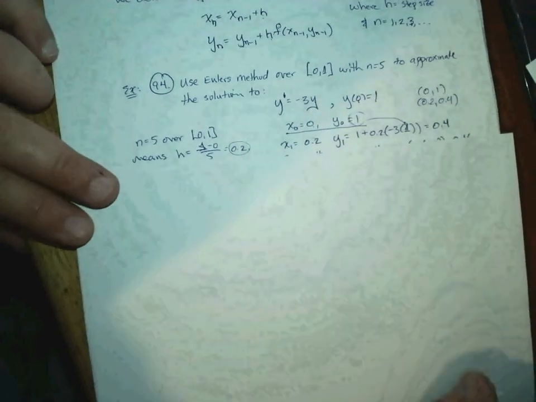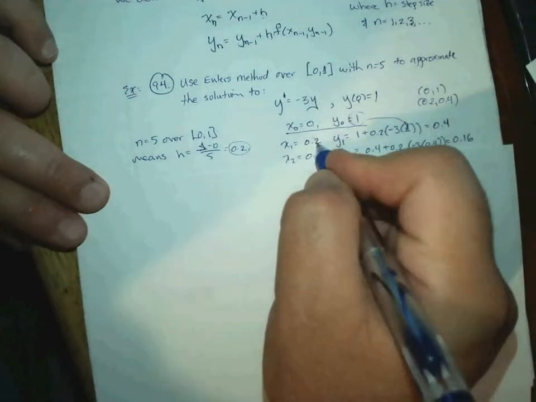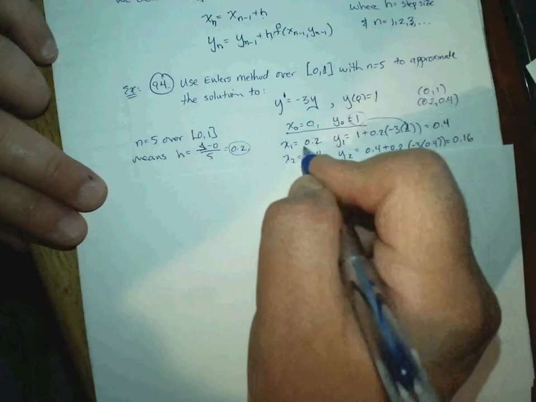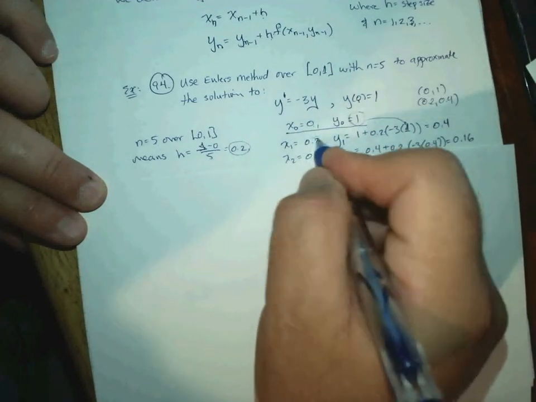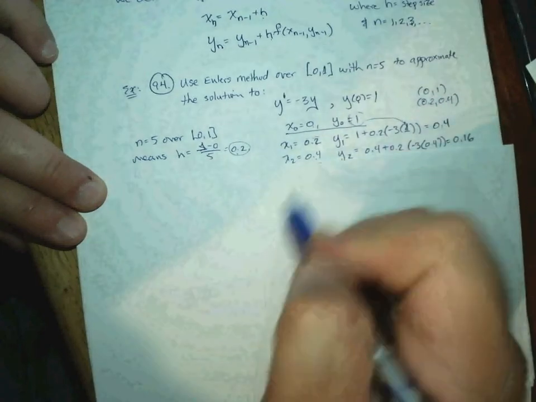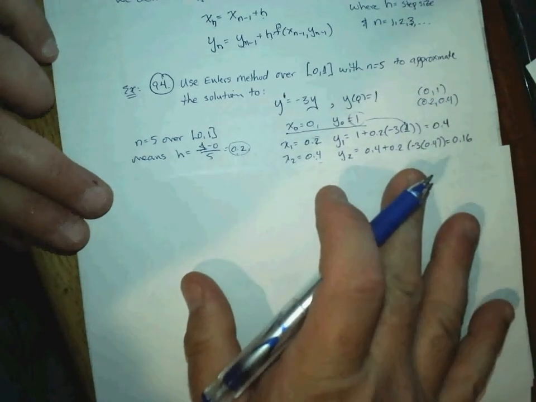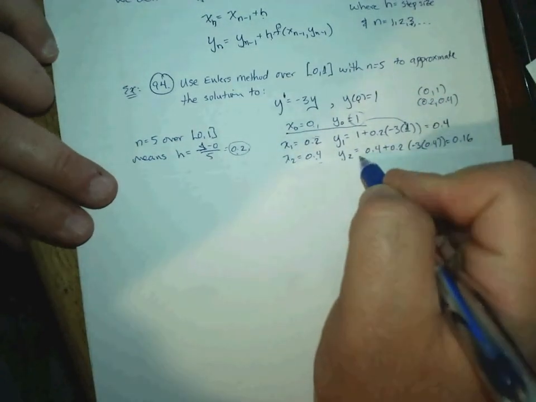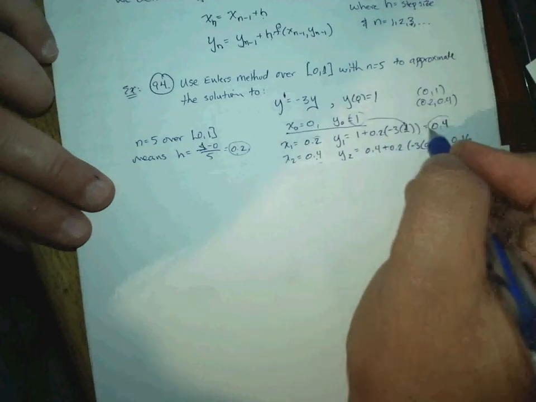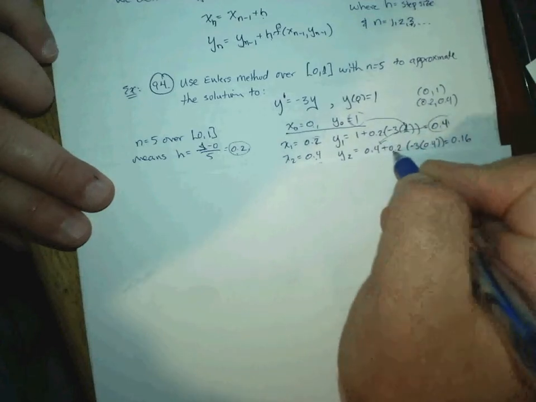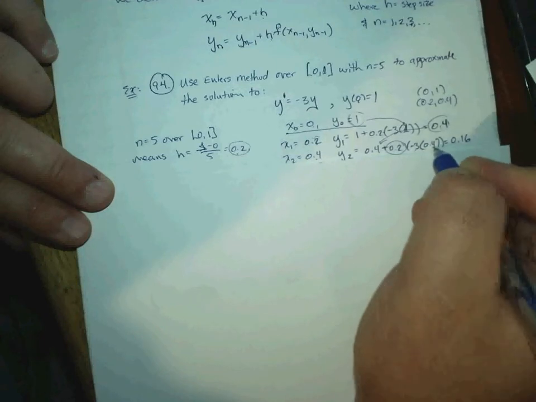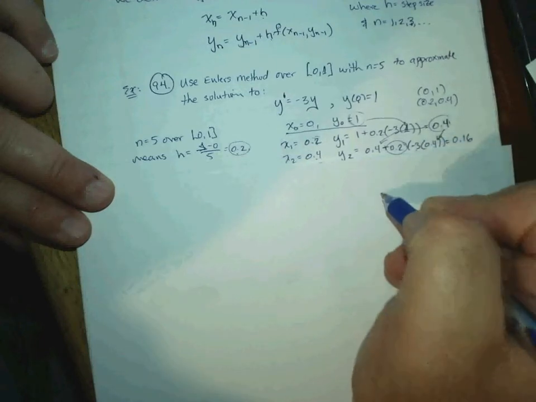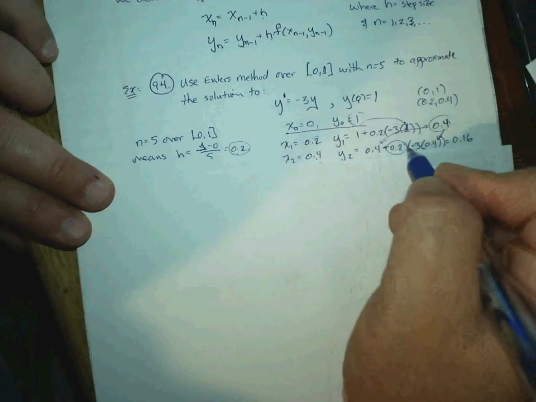Okay, now do another iteration. To get x sub 2, we take the previous x value and add the step size to it. So 0.2 from the previous plus the step size of 0.2 gets us to 0.4. y sub 2 is the previous y value, the 0.4, plus the step size times the function evaluated at the previous y value.